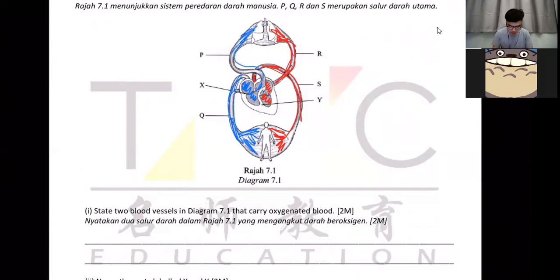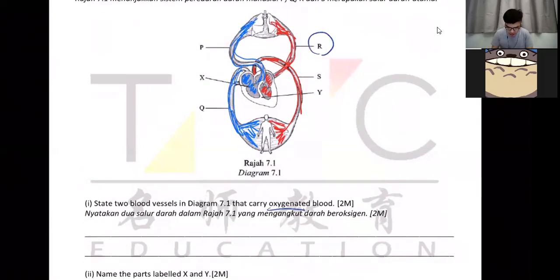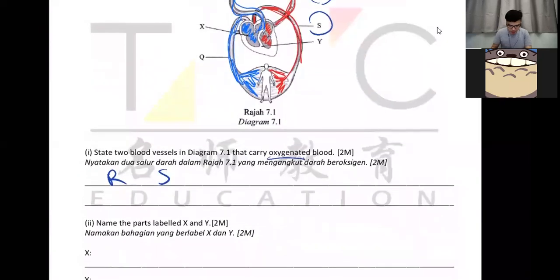So if I color like this, now you understand already lah. So which carries oxygenated blood? Your R and S. Whereas your P and Q carry deoxygenated blood. Darah terdeoksigen.